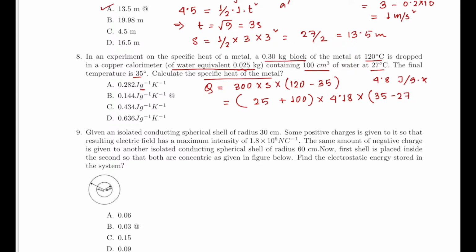You need to calculate this S, and if you calculate you will get S equal to 0.215 joule per gram per Kelvin.